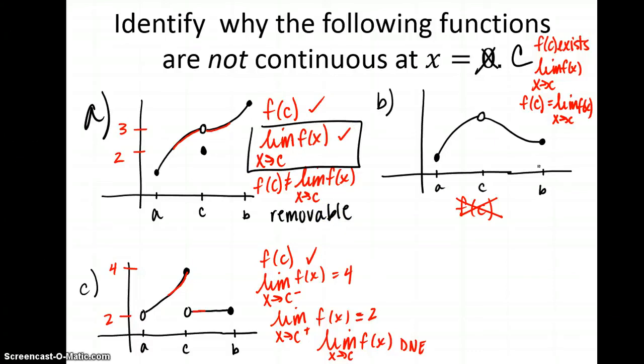On the second example, the value of the function didn't exist, that's why it couldn't be continuous, but when we look at the limit from the left and the right, they approach the same y value, so we would categorize this one as removable as well. For the third example, we determined that the limit of the function did not exist, so we would categorize that as a non-removable discontinuity.